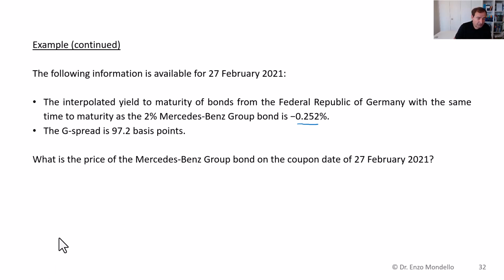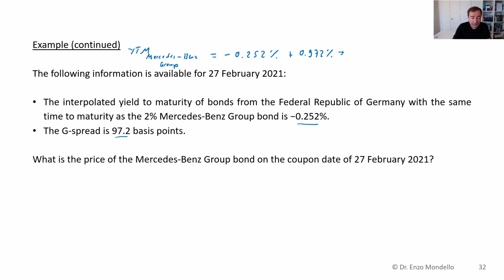It can be calculated taking the yield to maturity of the bond from the Federal Republic of Germany, which is minus 0.252%, plus the G-spread, and the G-spread is 97.2 basis points, so written in percentages, 0.972%.